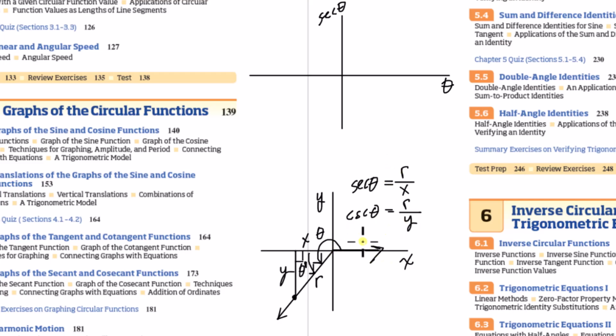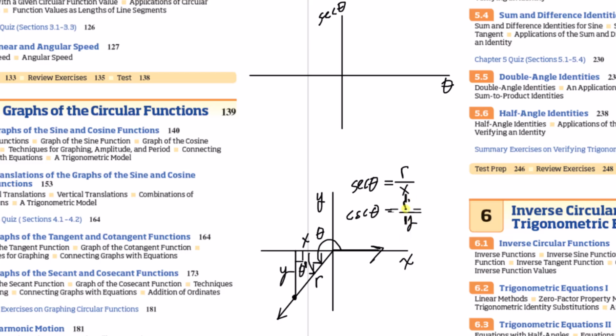Well, okay, so at theta equal to 0, we know that y is equal to 0, so cosecant is undefined. But then if we think about it, when theta is really close to 0, y is really small. Let's say theta is just above the x-axis, so y is a really small positive number, and r is constant for any angle.